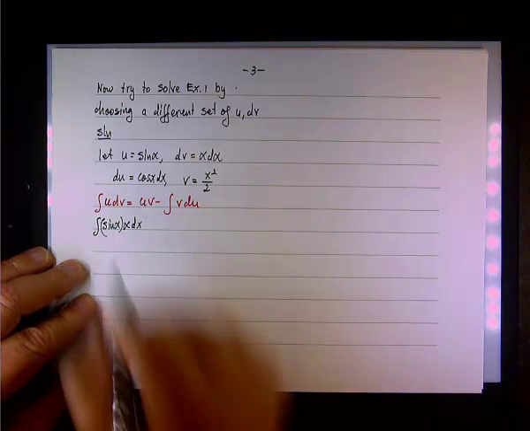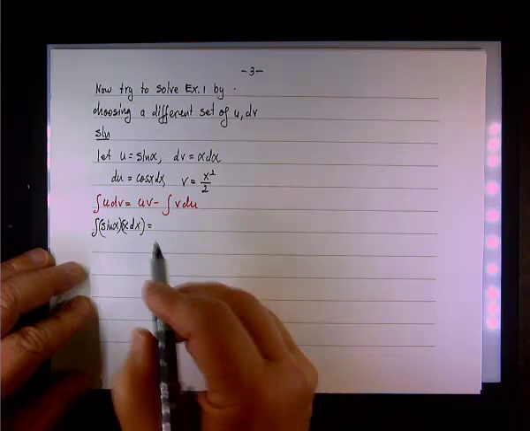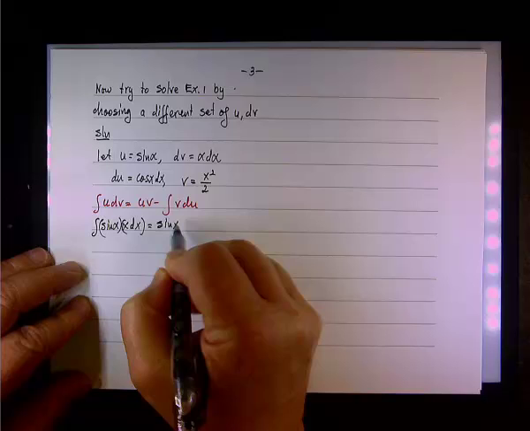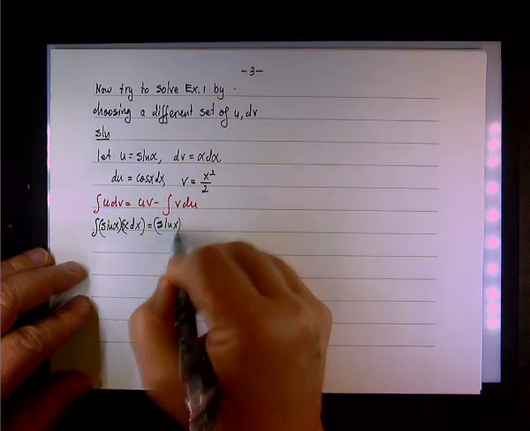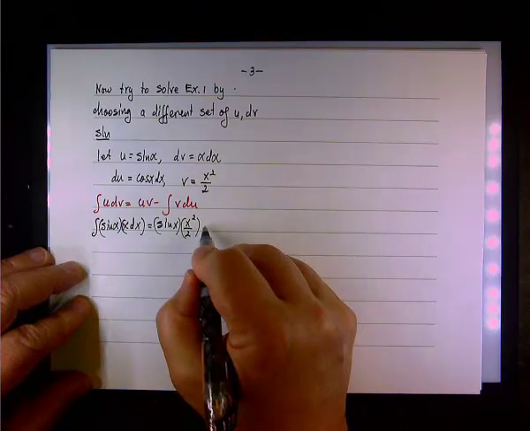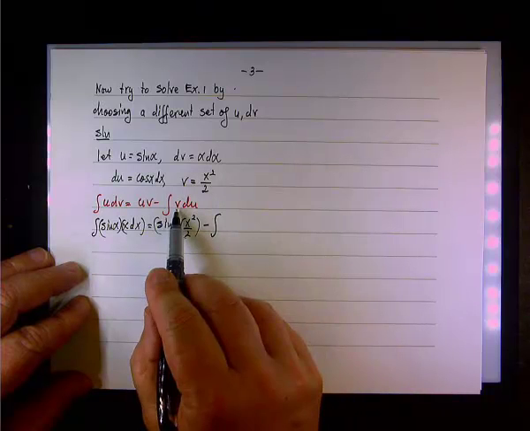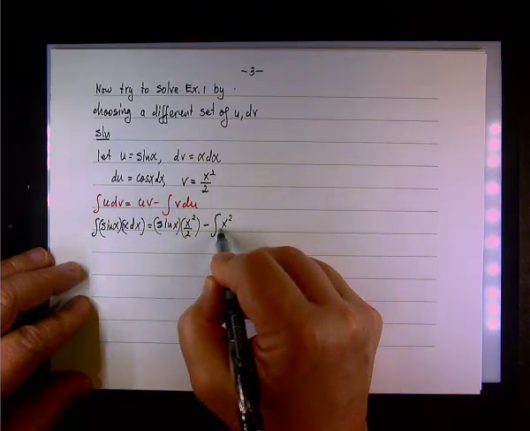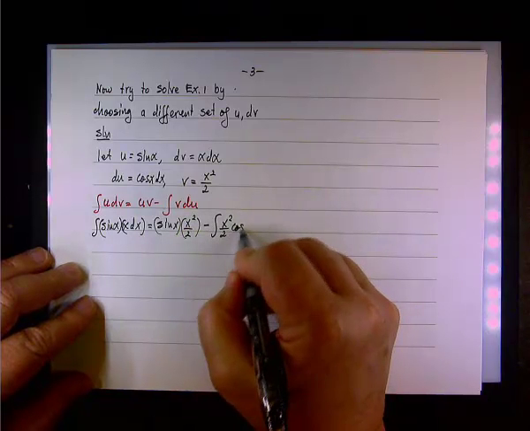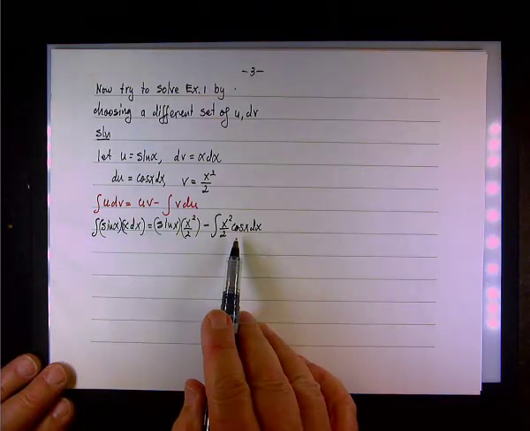So we have u times v, which is sine x times x squared over 2, minus the integral of v, which is x squared over 2, and du is cosine x dx.